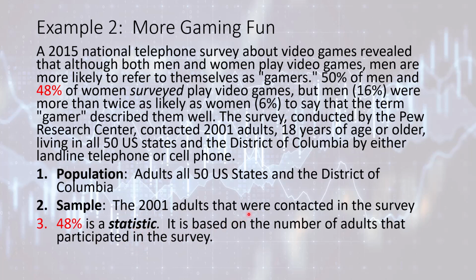It is not based upon the population. It is not an estimate of the population. It is strictly a result of this particular sample. Okay. So those are two examples that hopefully will give you some idea between the idea of a statistic, which applies to the sample, and a parameter, which applies to the population.